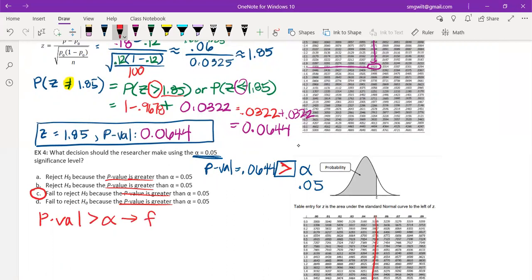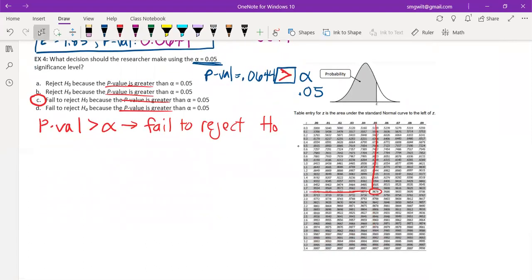You're going to fail to reject H0. Because it's always either rejecting or failing to reject the null hypothesis. If your p-value is less than alpha, then you're going to reject your null hypothesis.